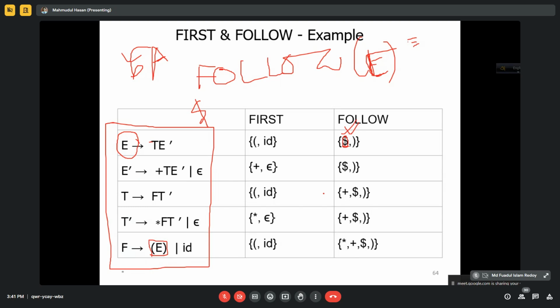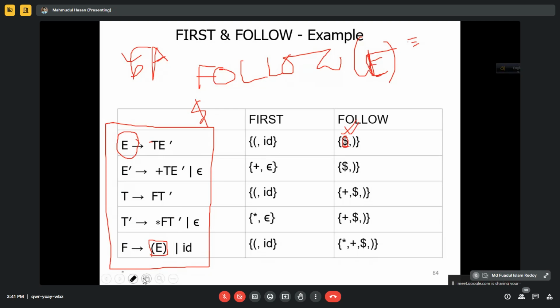And in predictive parser we use a stack. In the stack we use dollar to indicate that there is nothing in the stack. That means this dollar is the top value. That's why. So this is like an indicator. Okay, sir, I understand. Thank you.